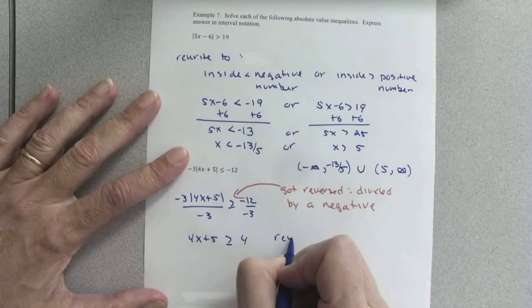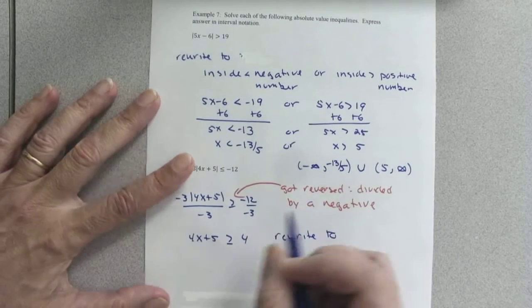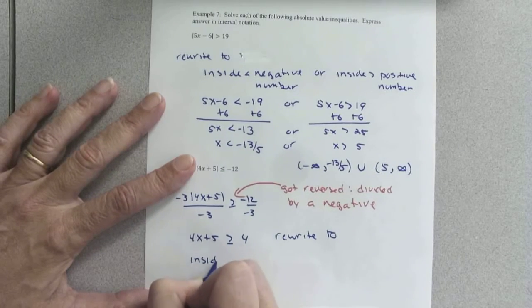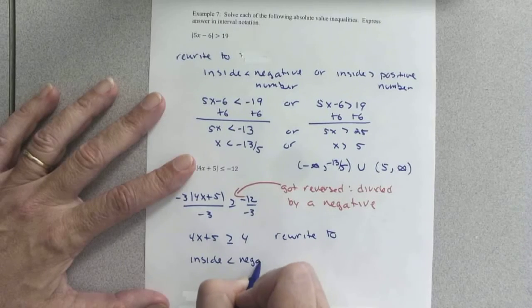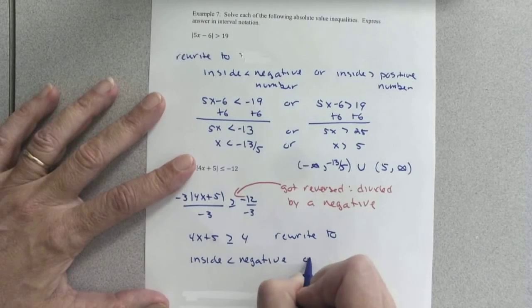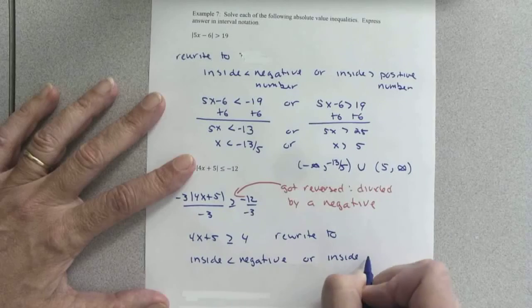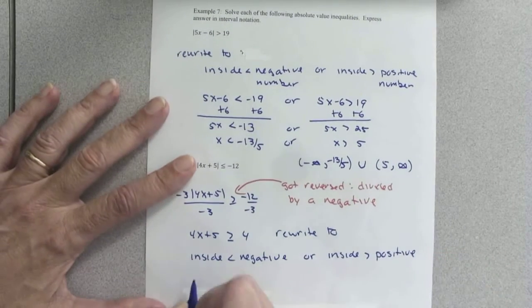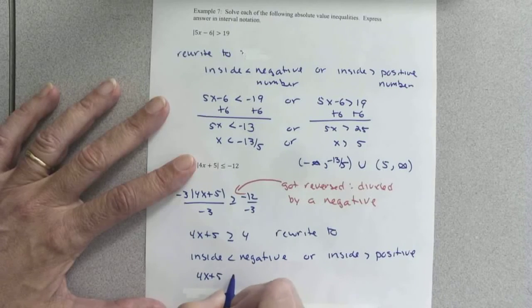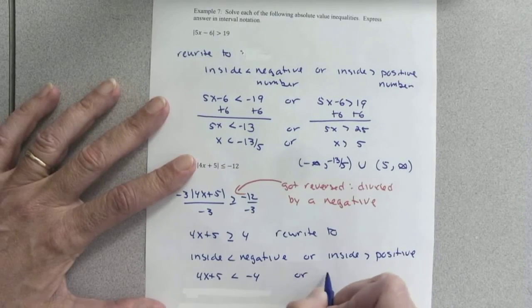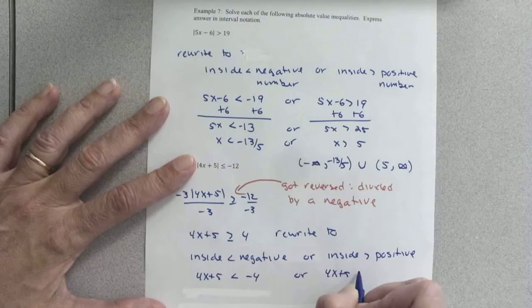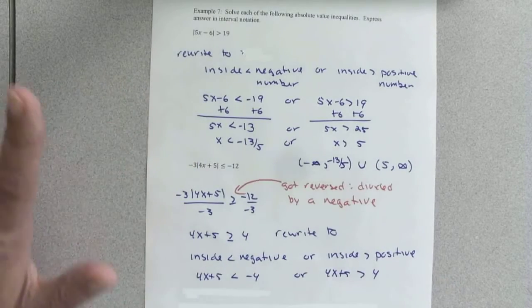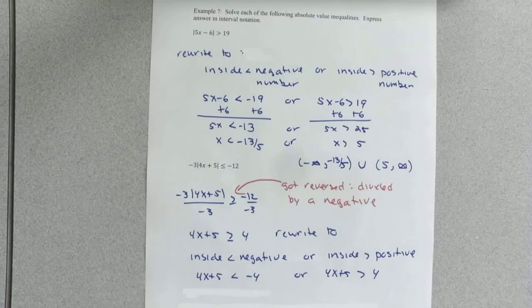And now I rewrite 2 inequalities: inside less than the negative number, or inside greater than the positive number. And so I've got 4x plus 5 less than -4, or 4x plus 5 greater than 4.